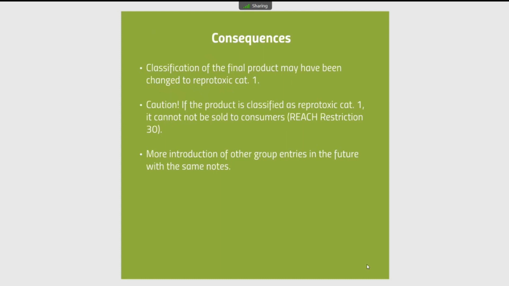And that means if you would sell this product to the consumer, and it now has this classification, reprotoxic category 1, then you're restricted to sell it to the consumer. And that's described in the REACH legislation, restriction 30.